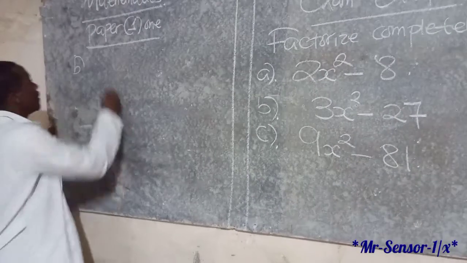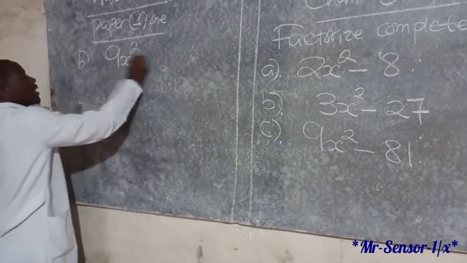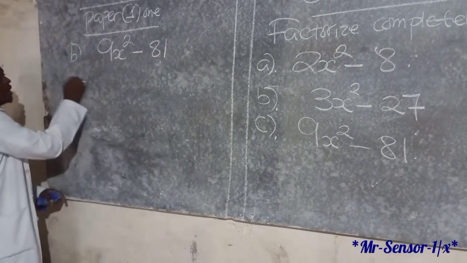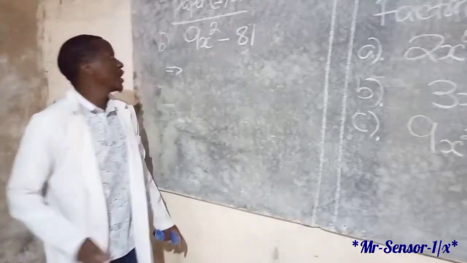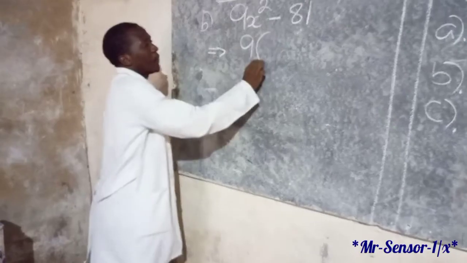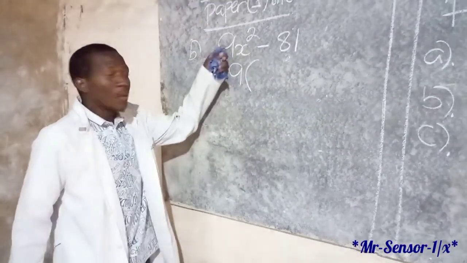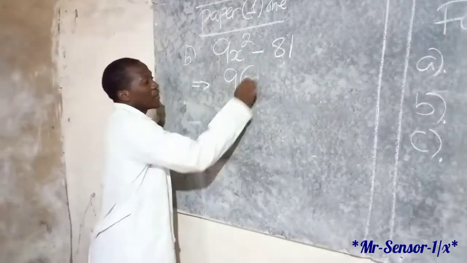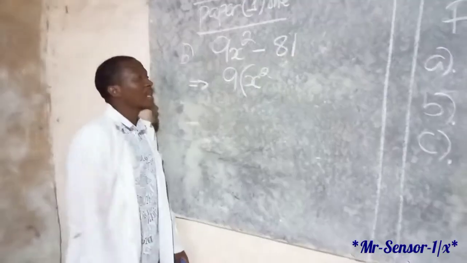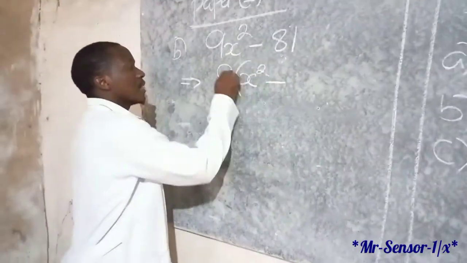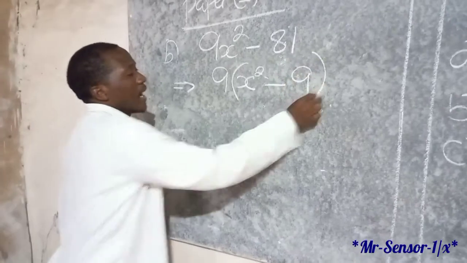The last one, we have 9x squared minus 81. So I'm going to say what is common here is 9. Open brackets. 9 into 9, it's a 1. We're going to find that we are left with x squared minus 9 into 81, it's a 9.